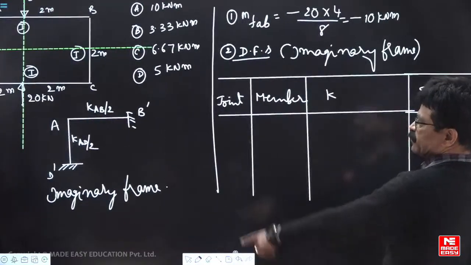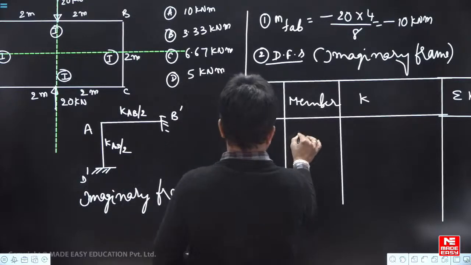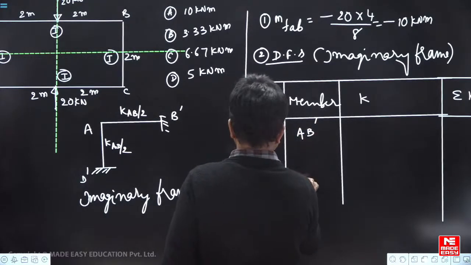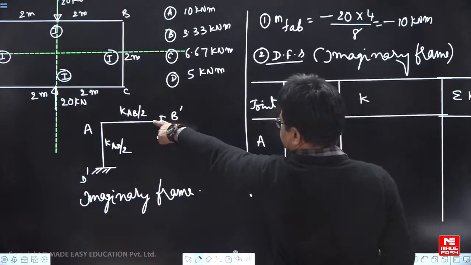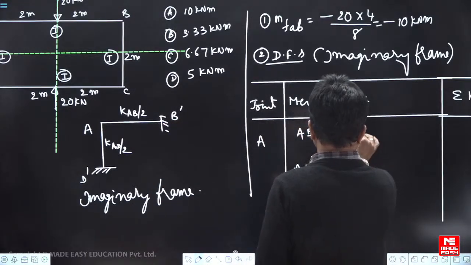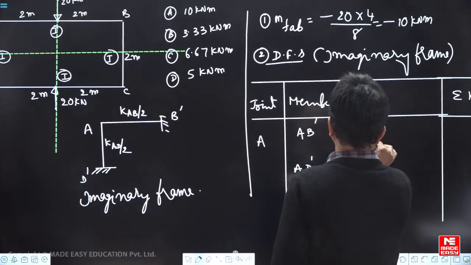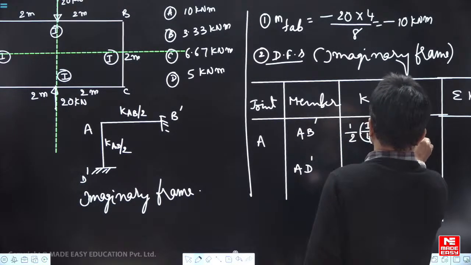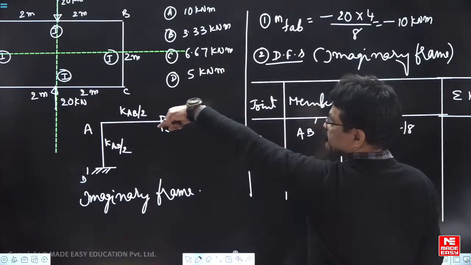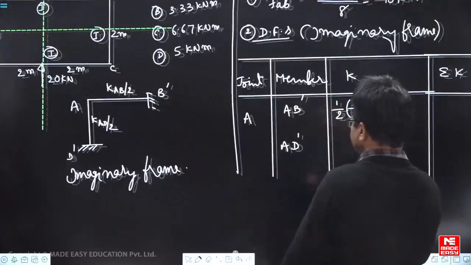Now see this one. Only one joint you have to consider. Joint A, member AB dash, AD dash. AB dash is half of the original stiffness. So half of KAB, I by 4. That means I by 8. AD dash, half of AD means I by 2, half of that.